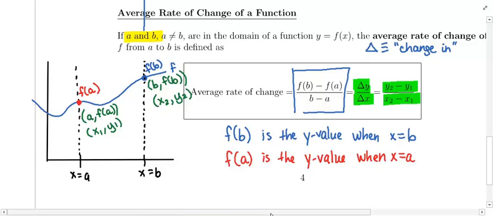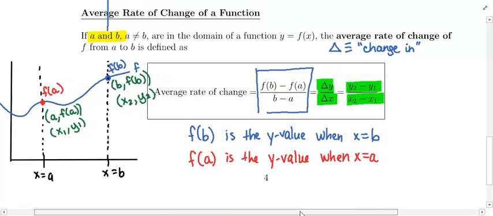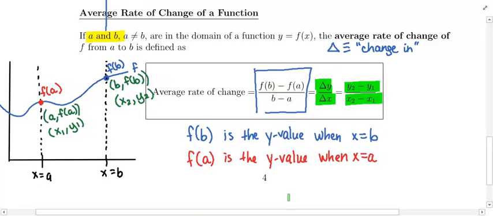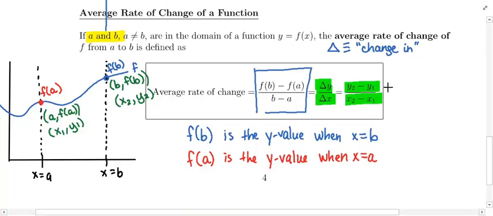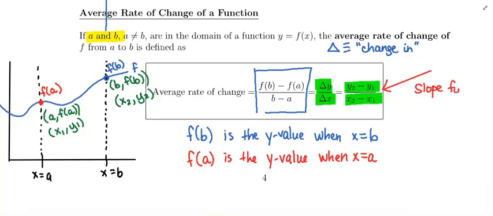Now, we have not talked about lines yet. That's the next section, but you may recognize this formula, y2 minus y1 all over x2 minus x1. It's a very important formula in algebra: the formula for the slope of a line.